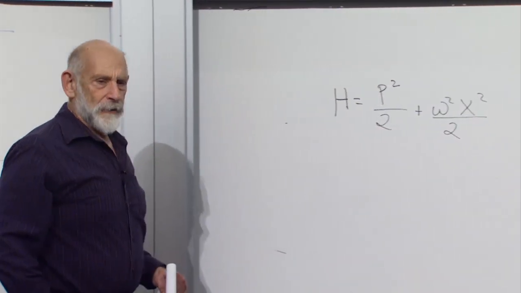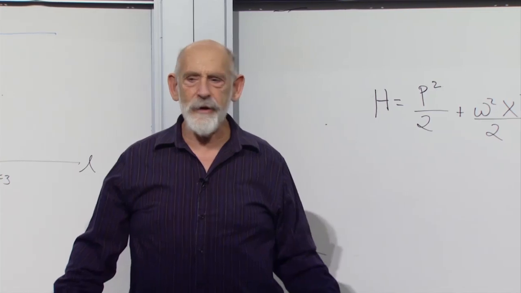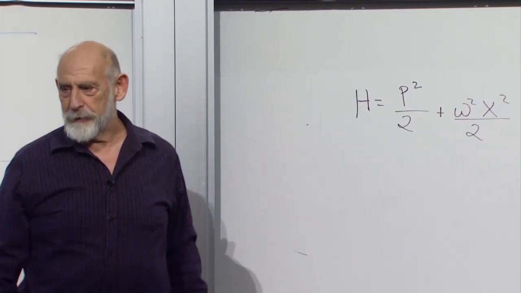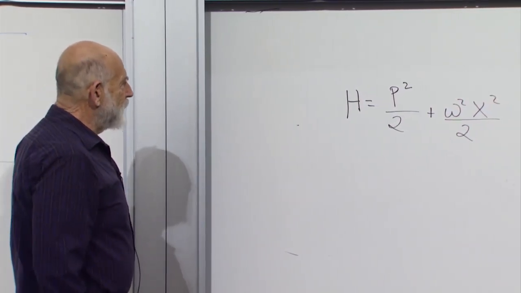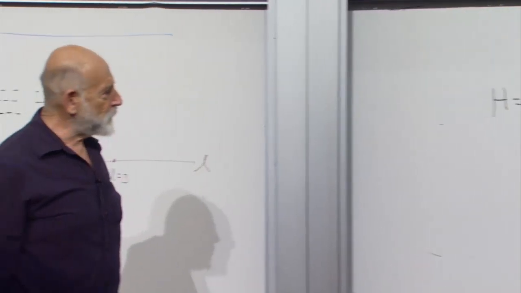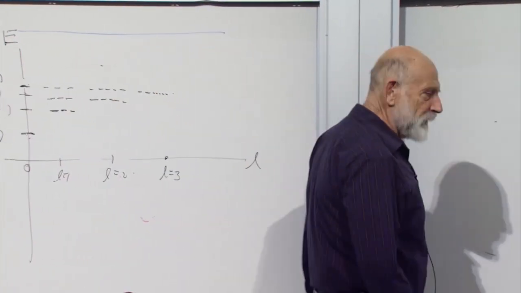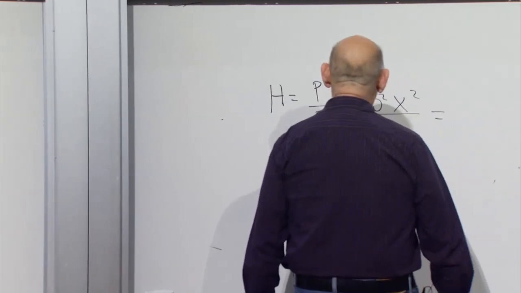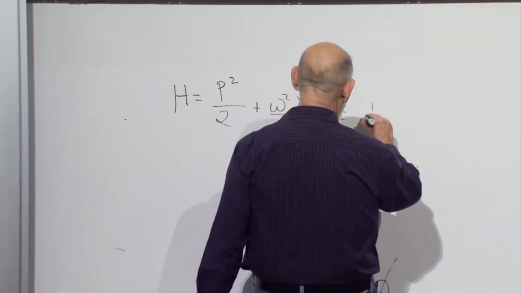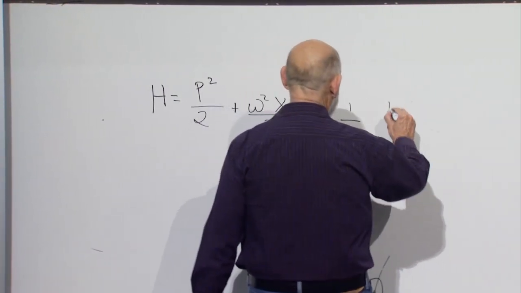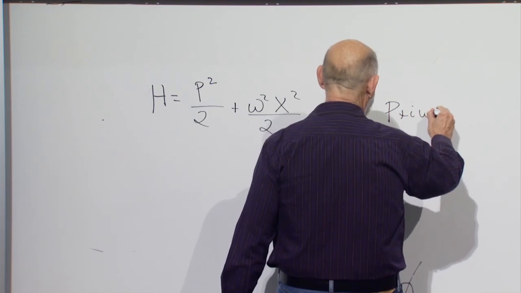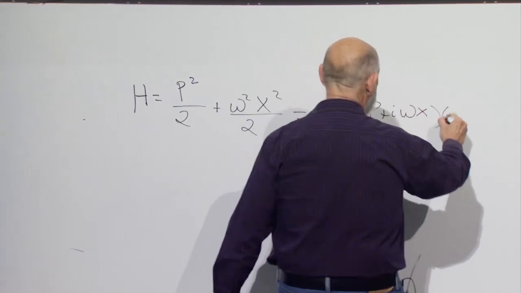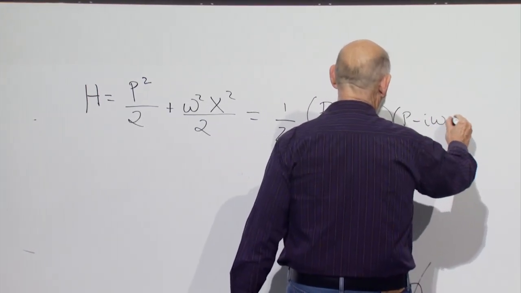It's the sum of squares. What do you do with the sum of squares? You factor it. Everybody knows that you factor the sum of squares. Well, not everybody knows that. Dirac knew it. All right, so let's write, first of all, a 1/2 downstairs. And let's write p plus i omega x times p minus i omega x.